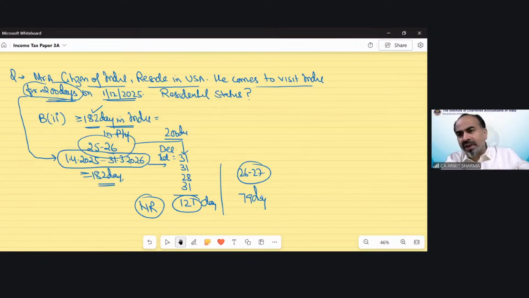Suppose you are going outside India to attend a marriage. In that case, you will fall in category A, because you are going outside India, but the purpose should be employment. Mithali is saying 111 days. No, it's 121 days, I believe.